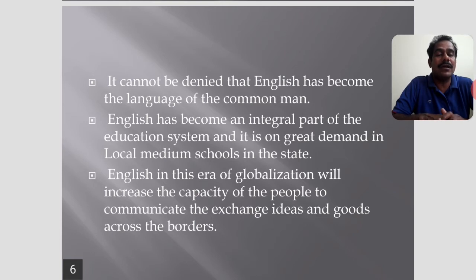In Kerala, a gate man or an attender, a lady who worked in an English medium school, after her retirement, a video of her was released on social media. She's speaking fluent English. So English is the language of the common man nowadays.